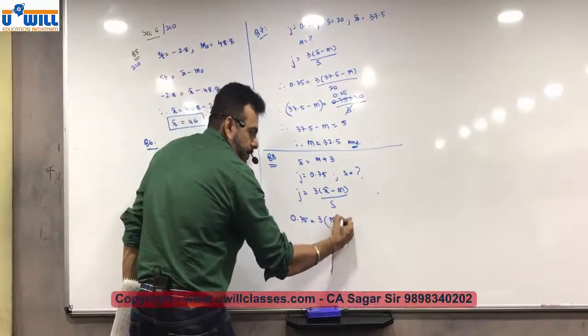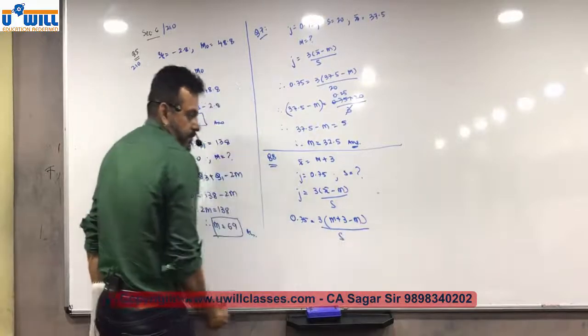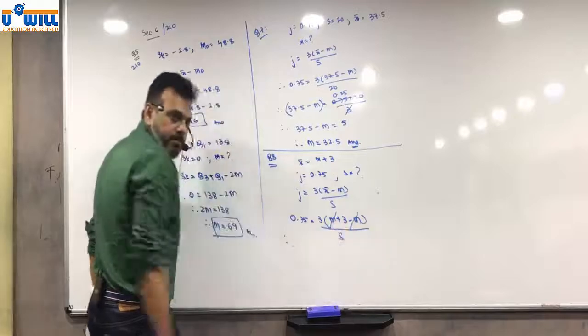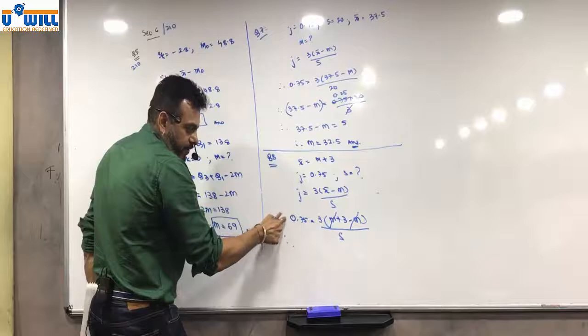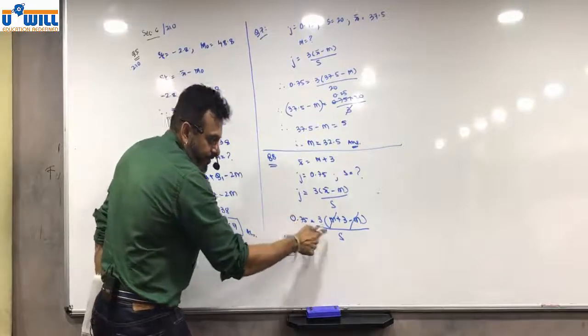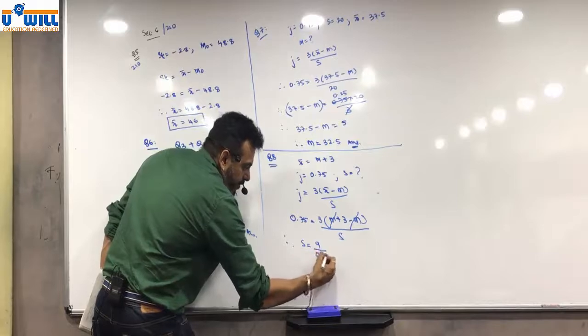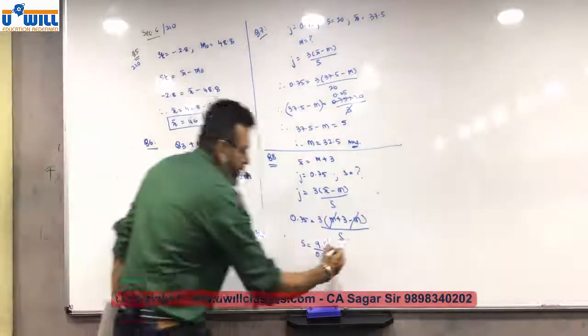So m plus 3 minus m upon standard deviation. Therefore, this m cancels. 3 3s are 9. So this standard deviation comes here and 0.75 goes there. So standard deviation is 9 upon 0.75, which is equal to 12.